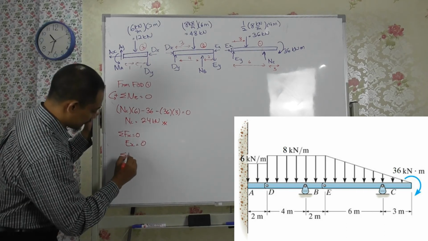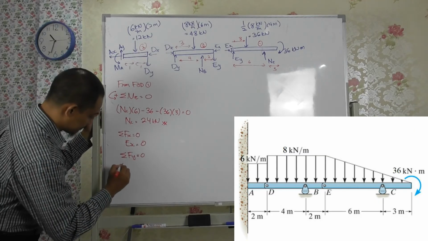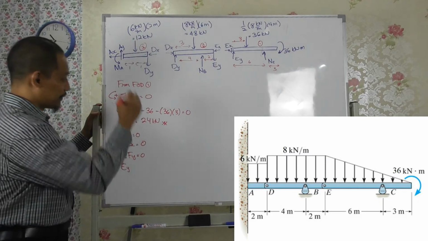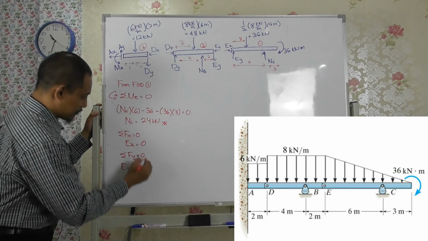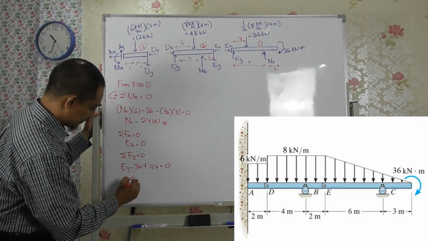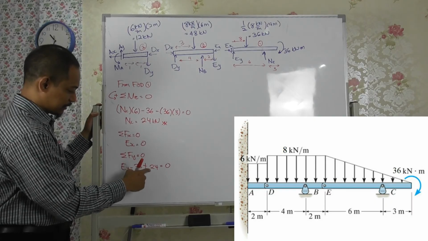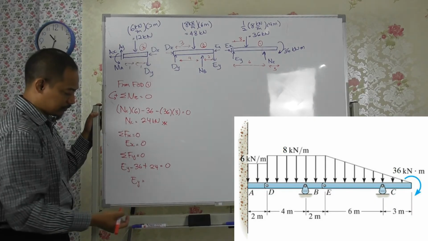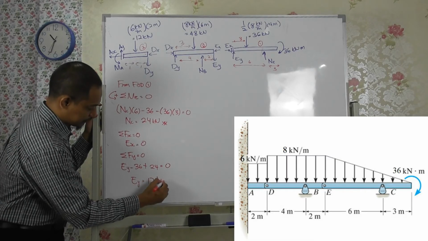And then if you do summation of Fy equal to 0, you'll get Ey, and then minus 36, and then plus Nc. But Nc is 24 there, right? Equal to 0. So Ey will be 36 minus 24, which is 12 kilonewton, right?